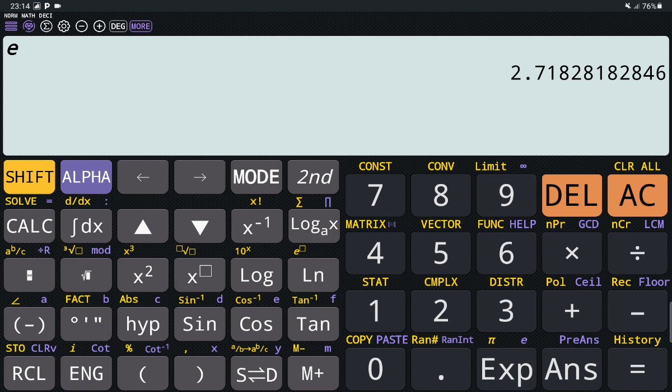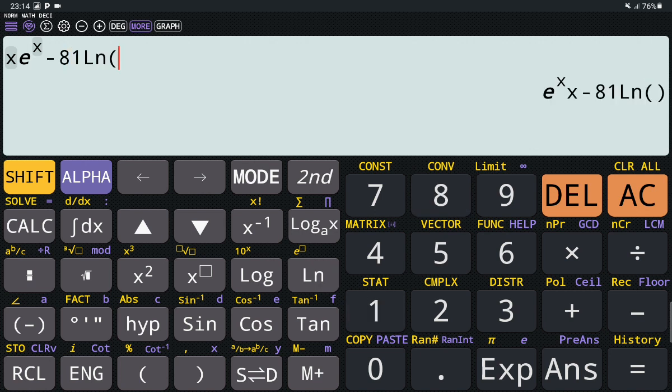So now let's compute the value. This is how you compute the figure. So alpha, look for X, then E, alpha again, press alpha E, then raised to power S. So this is S e raised to power X minus 81 ln 3. So this is how you press it here in the scientific calculator.